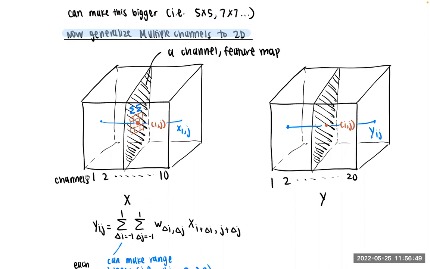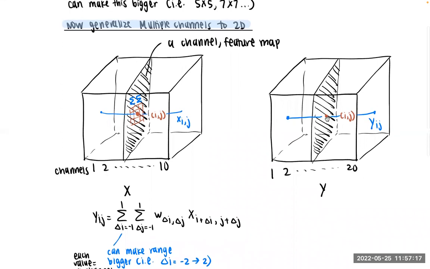And then suppose we have 10 channels in X. This is our X. And then we have maybe 20 channels in Y. But for each channel, the shape is the same as each channel in X. For example, this is also 100 by 100. Okay.